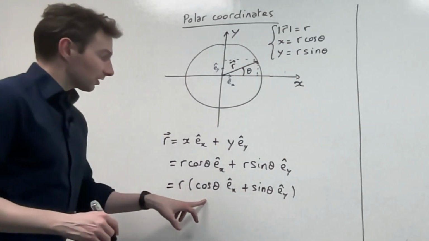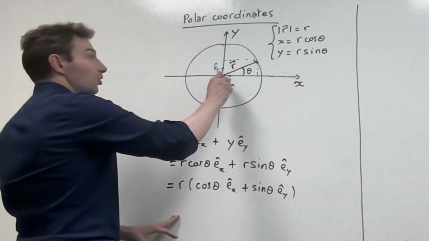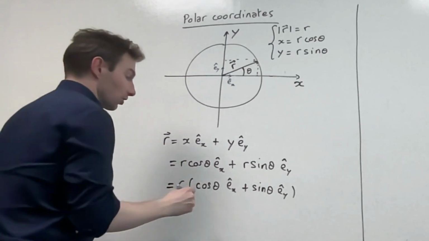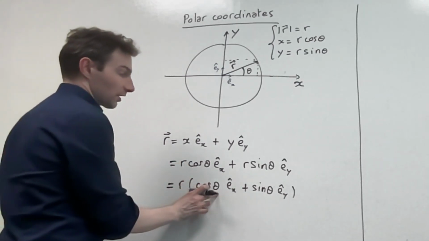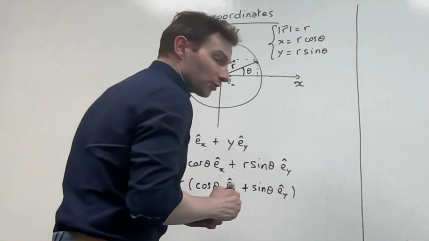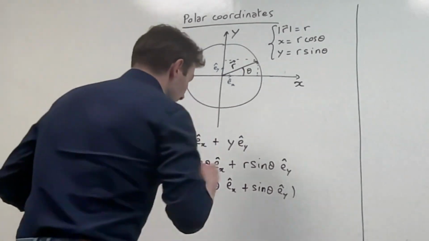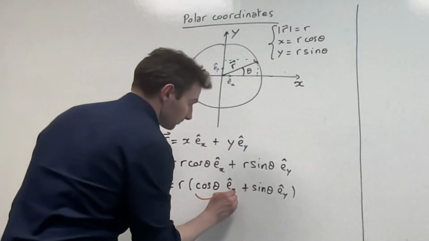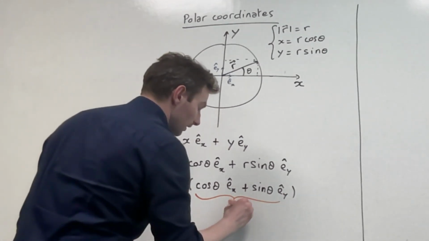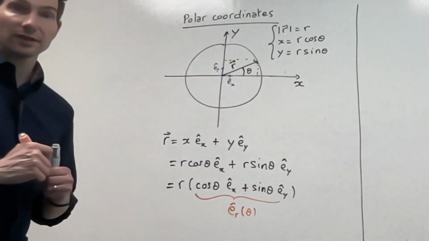Now, this particular object is directed along this particular direction, and turns out to be a unit vector, because cosine squared theta plus sine squared theta is equal to 1. So what people do in that case is that they call this vector ER, like so, ER. And notice that this one actually is going to depend on theta.